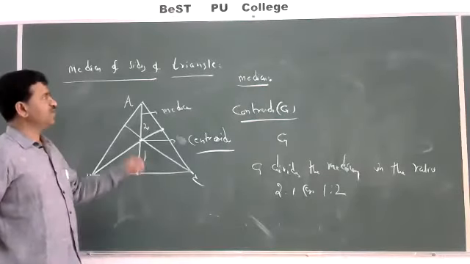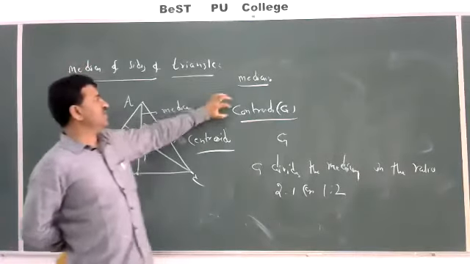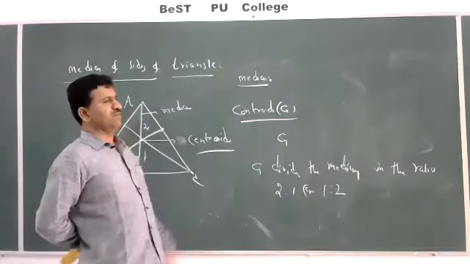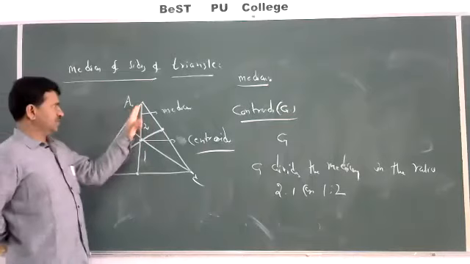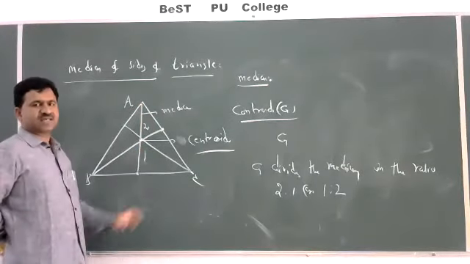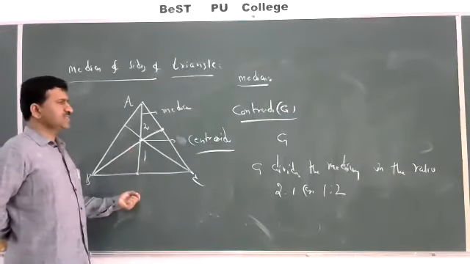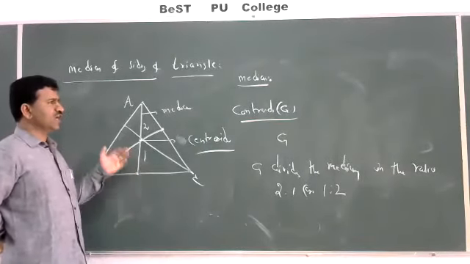So once again, I'm defining the centroid. First, to define the centroid, we required median. So we defined the median. You should not get confused. Next, we'll get altitude and perpendicular bisectors. Comparison is important.